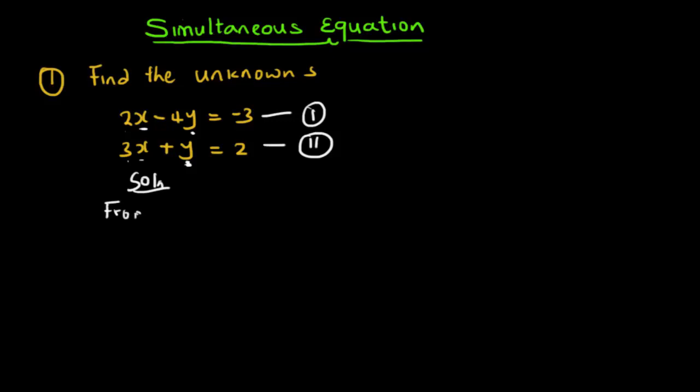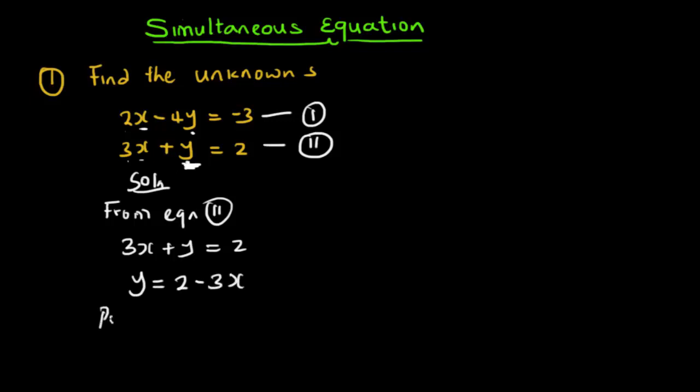From equation 2, and the reason for that is that I have y here that has a coefficient of 1. So I write equation 2: 3x plus y equals 2. Now I make y the subject of the formula. That means 3x goes to the other side, so I'll have y equals 2 minus 3x.